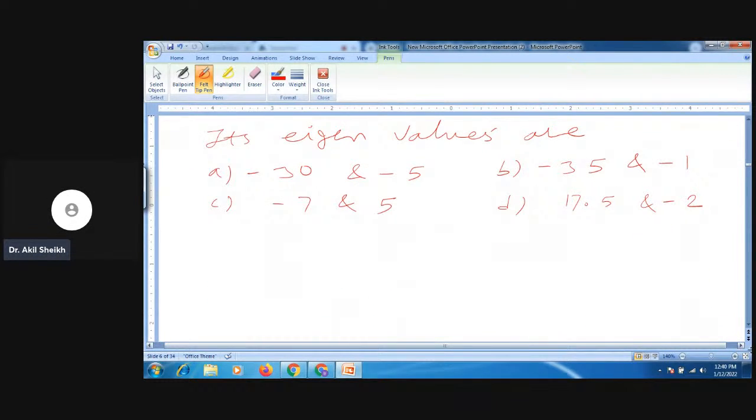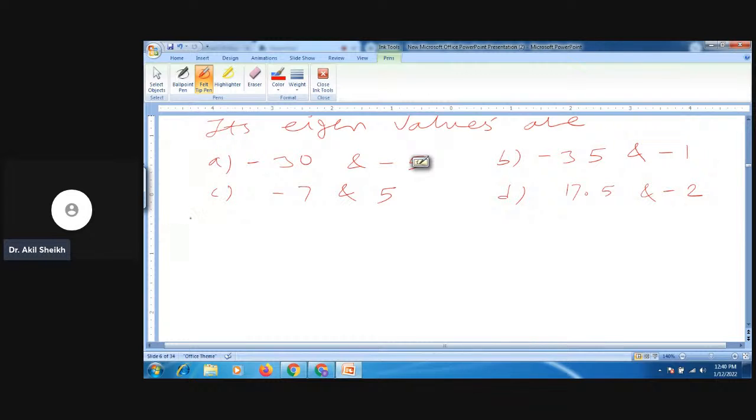We are given the trace and determinant of a 2 by 2 matrix as minus 2 and minus 35. Then what is trace? Trace is nothing but the sum of eigenvalues.